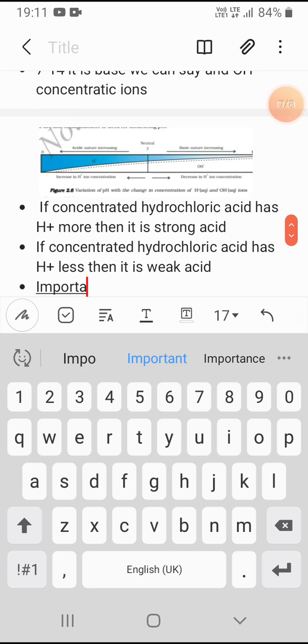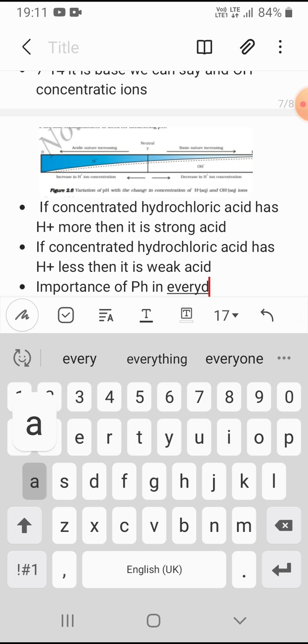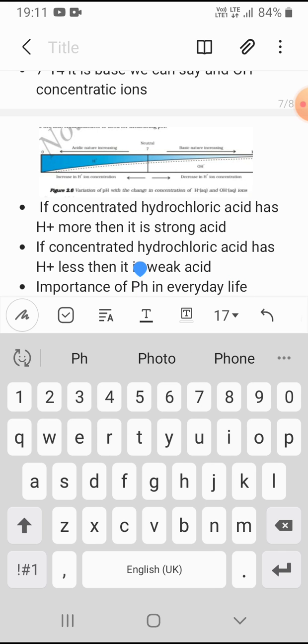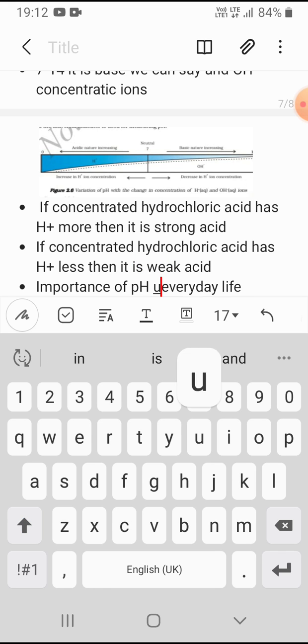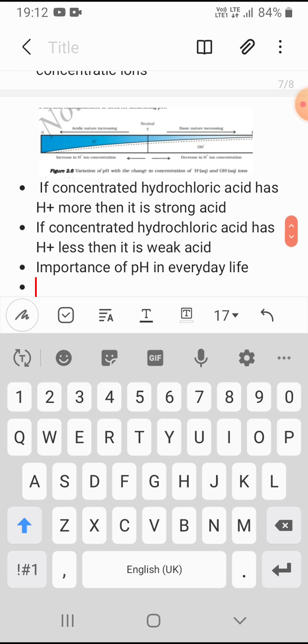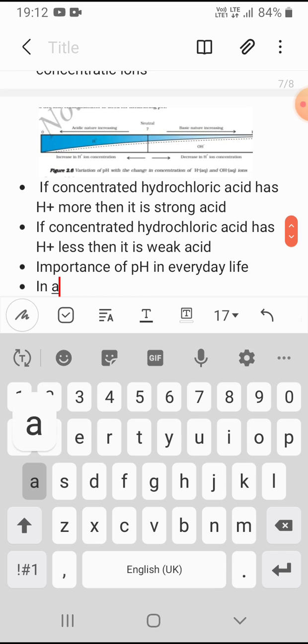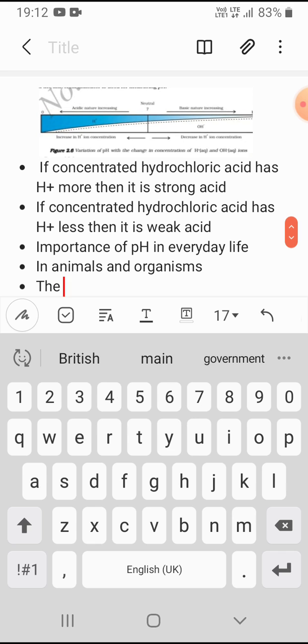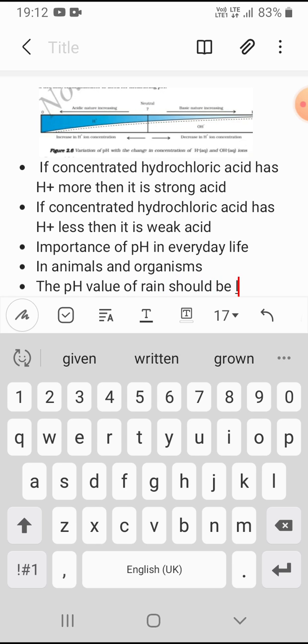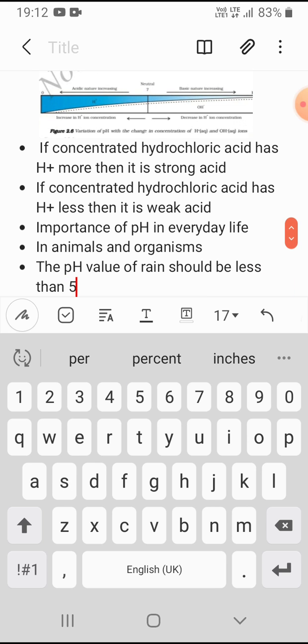Importance of pH in everyday life. pH is written with a small p and a capital H. In animals and organisms, the pH value of rain should be less than 5.6.